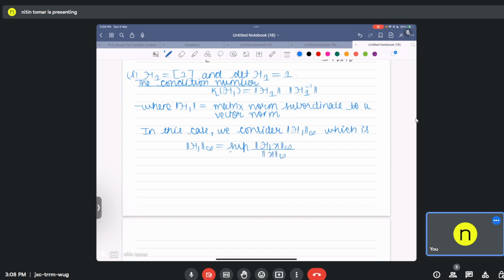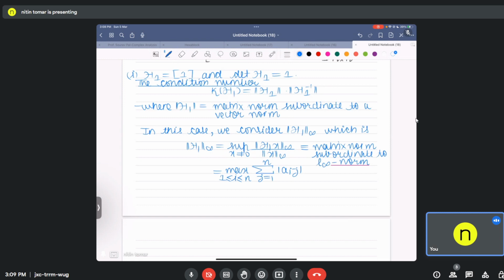So this is a matrix norm subordinate to which norm? Can you tell me? Infinite norm. Yes, exactly. This is a matrix norm subordinate to the L infinity norm. Why? Because in the vector we are considering the L infinity norm. And if you can remember, this is precisely the maximum of the row sums, where j goes from 1 to n and i goes from 1 to n.